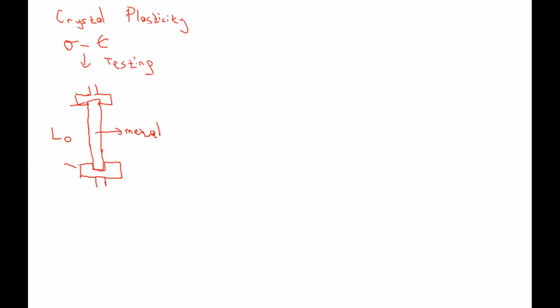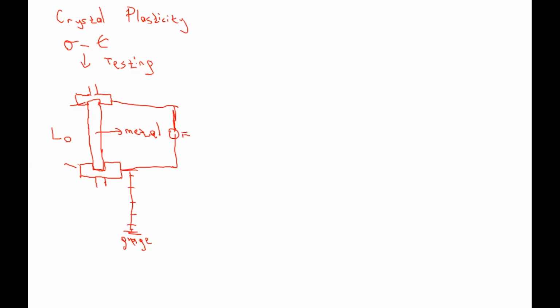We measure the elongation with a strain gauge or extensometer. This is for elongation. And we also measure the force with a force sensor. With the force cell, we can measure the force.